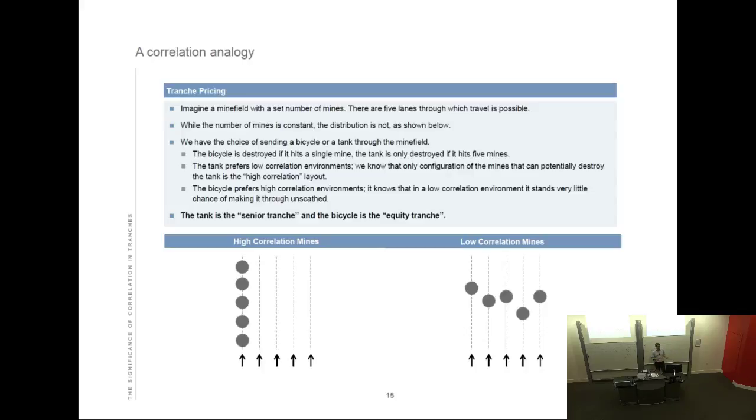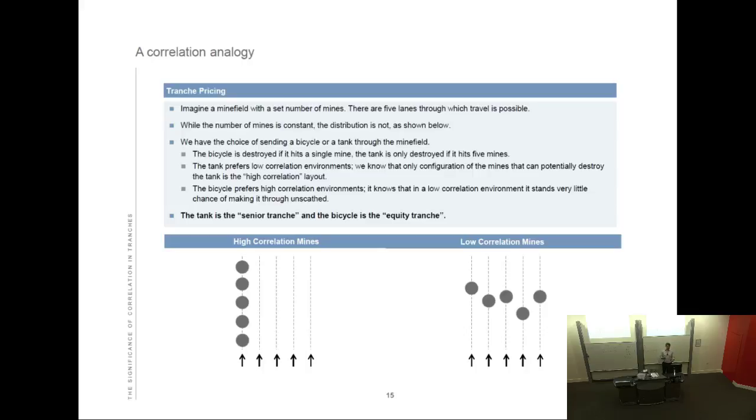Now, the tank to us is kind of the super senior tranche, because in a lowly correlated world, where the mines are just dispersed, the tank can just drive through because 1 or 2 mines don't actually hurt him. So the tank much prefers that kind of world. Whereas for the bicycle, that's terrible because the bicycle suffers if even one of them hits it.